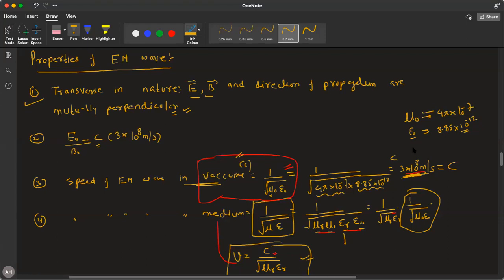Shazada, is it clear, these properties? Yes, whole diffraction and interference are due to electric vectors only. Okay, sir.